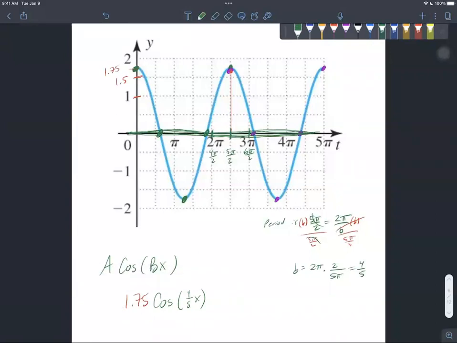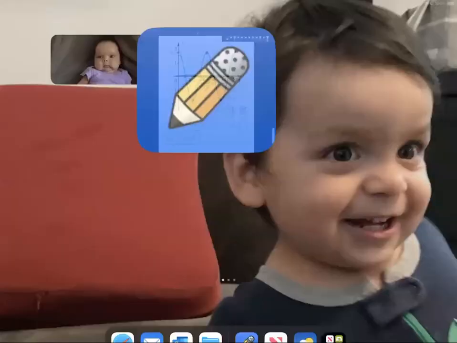Now I'm actually curious. I didn't think to do this earlier, but let's graph this on Desmos. 1.75 cosine of 4/5 x, and let's verify that this actually gives us a period of 5 pi over 2.